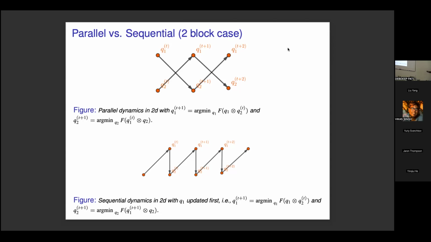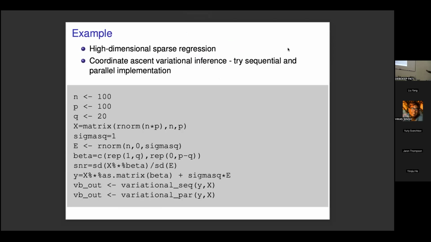We're going to call the first one the parallel dynamics and the second one the sequential dynamics. Let's see how these two algorithms behave in a very simple example of linear regression.